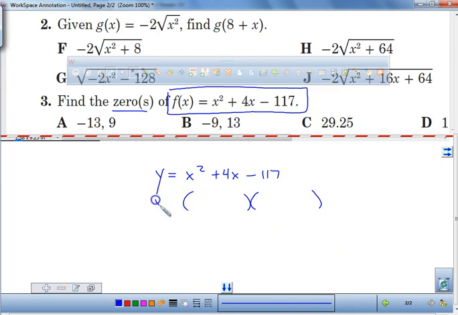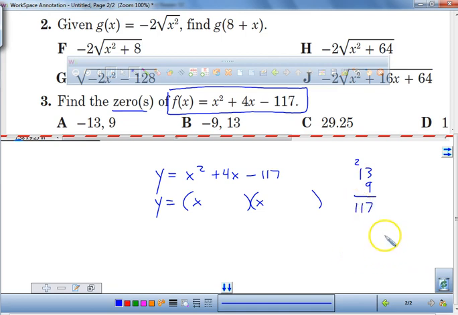Let's say you're not good at factoring trinomials. What two numbers multiply together to equal 117 and add together to equal 4? Well, fortunately, you can look at the multiple choice answers. I wonder what 13 times 9 is, just out of curiosity. Yes, sir, 117.